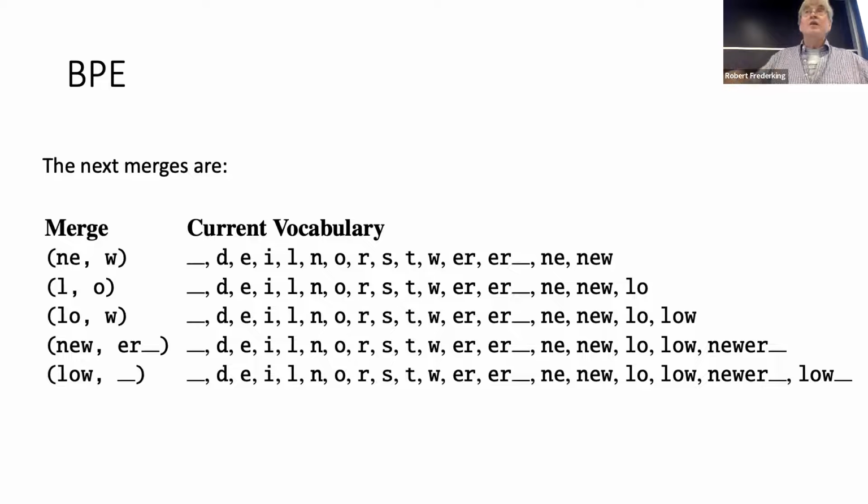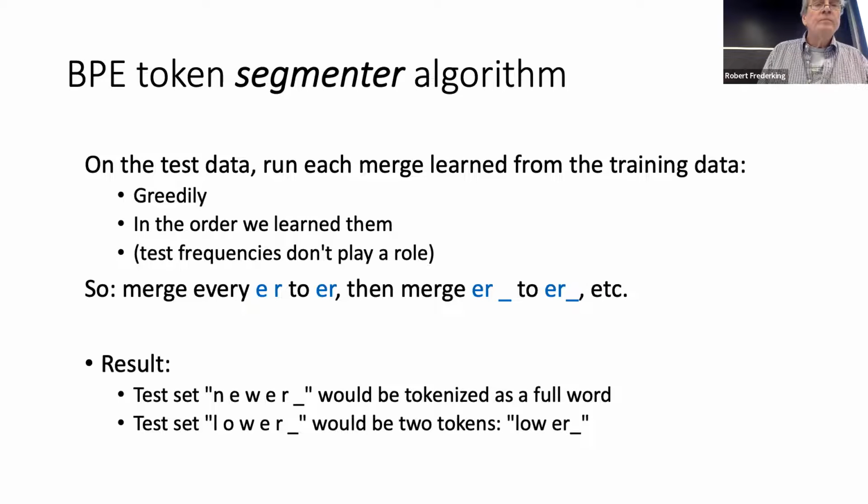And once you've done that, this will find all the high frequency words, and it will divide up the low frequency words into higher frequency pieces that they share with other words. And then when you get your test data, the segmenter algorithm, once you've got this trained vocabulary, will run each merge greedily in the order they were learned, and you don't worry about the frequencies in the test data because you're not learning them anymore.